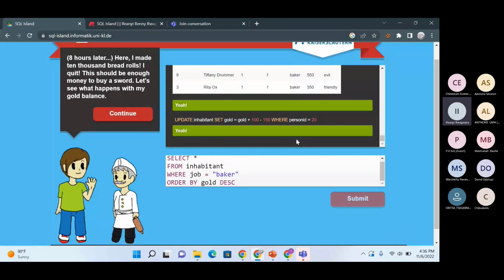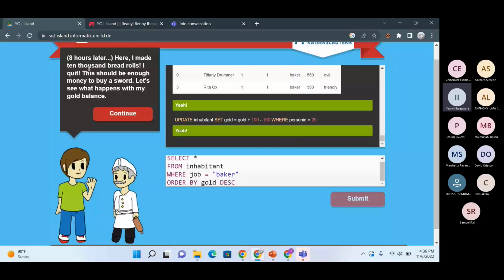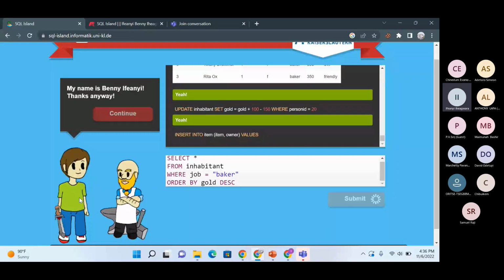Okay, so 8 hours later, he already made 10,000 bread rolls and quit. That should be enough money to buy a sword. Let's see what our balance of gold is. So now we've gotten this sword, and we inserted the new item into the list, the value as sword, for me.